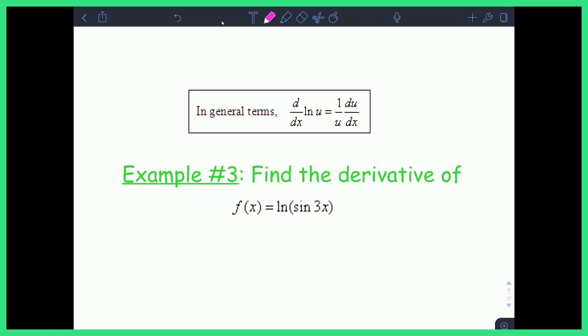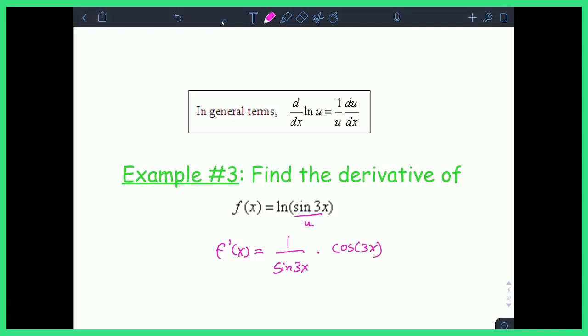Let's try an example. In this case, the u is sine 3x. So f prime of x is equal to, and the formula says to do 1 over u, so 1 over sine 3x, multiplied by the derivative of u, and the derivative of sine 3x is actually going to be a little bit of a chain rule. First of all, we take the derivative of sine, and we get cosine 3x.